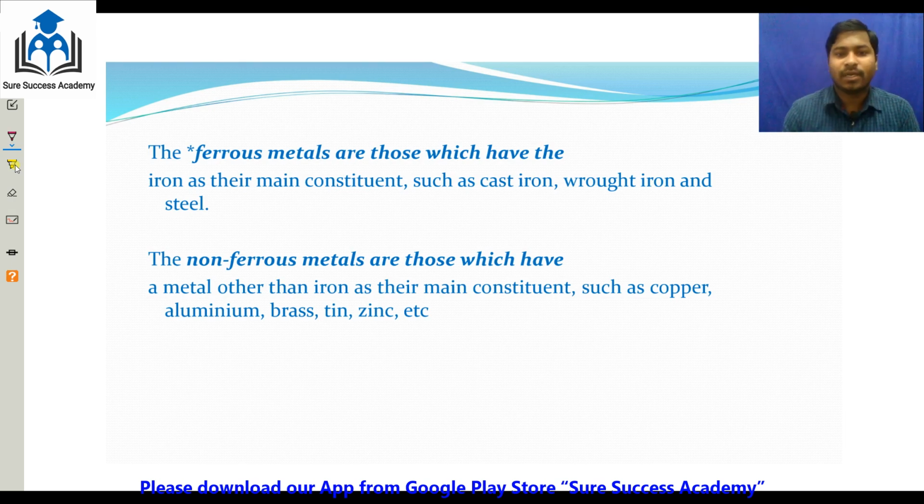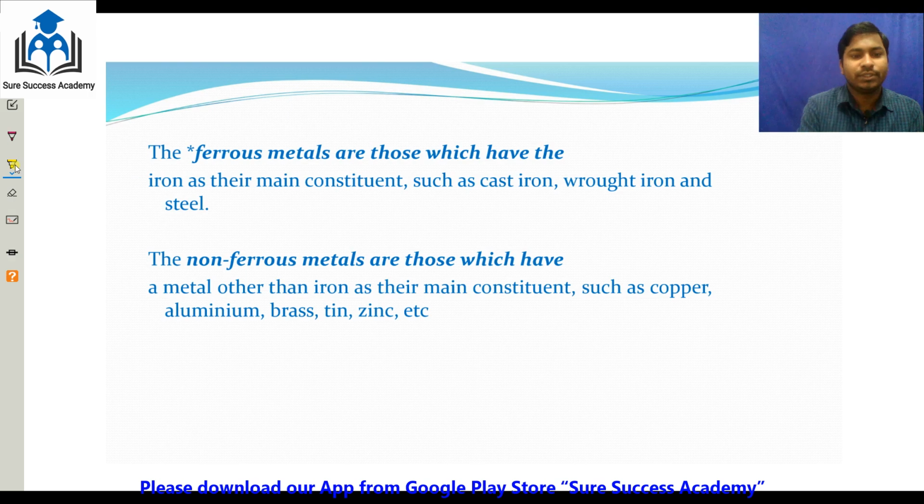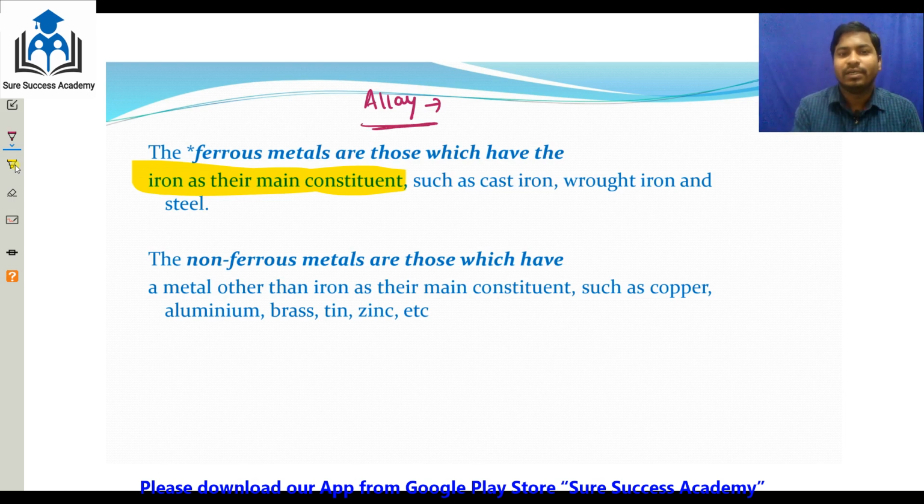So the ferrous metals are those that have iron as their principal or main constituent, main ingredient. And what is an alloy? An alloy is a combination of two or more metals.